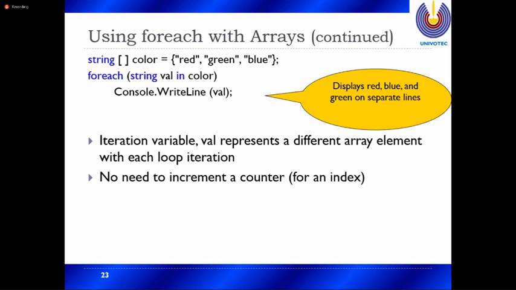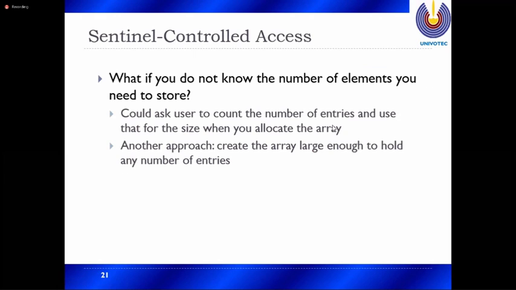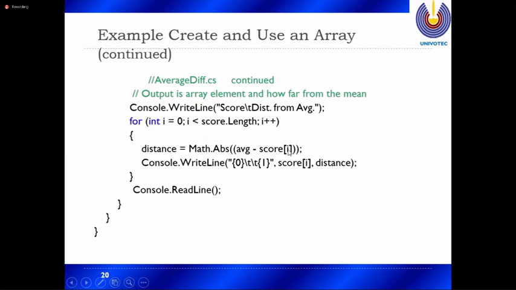But in the previous example, we wanted the index, here the index is i, scores[i]. But for foreach, there is no increment, no index, nothing.